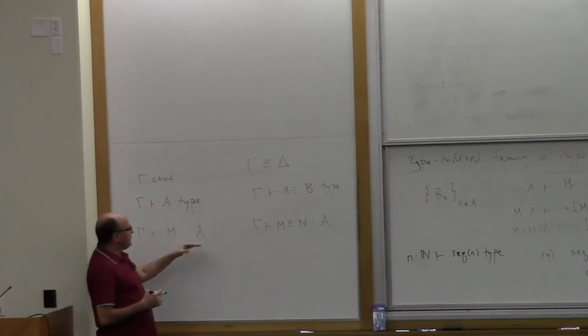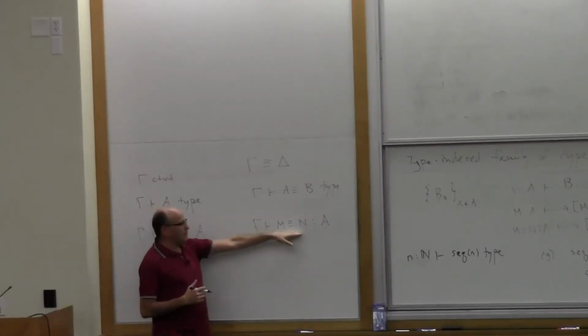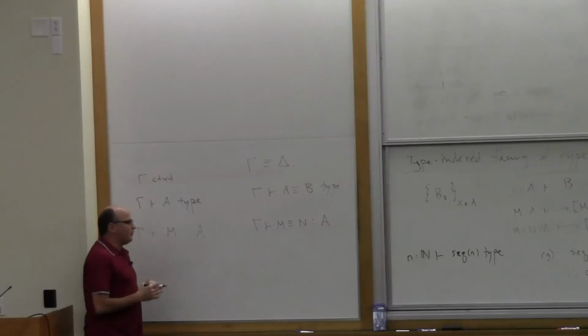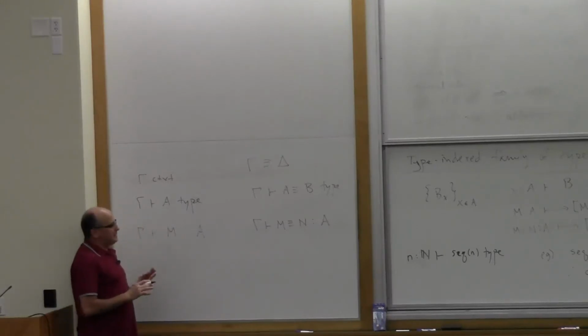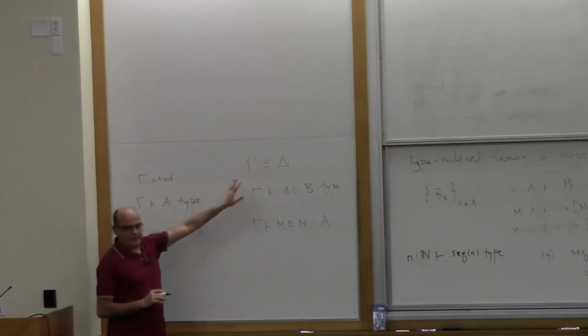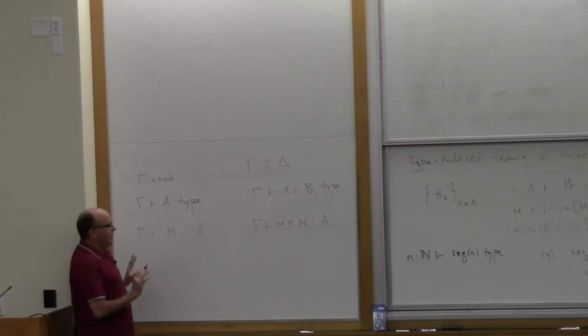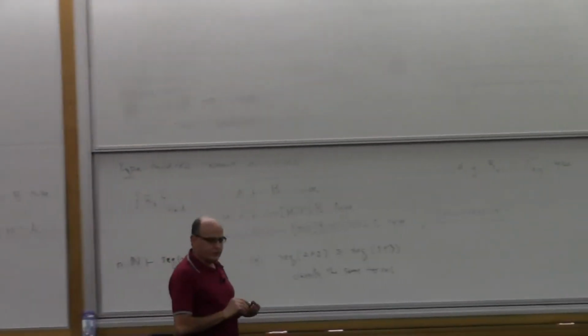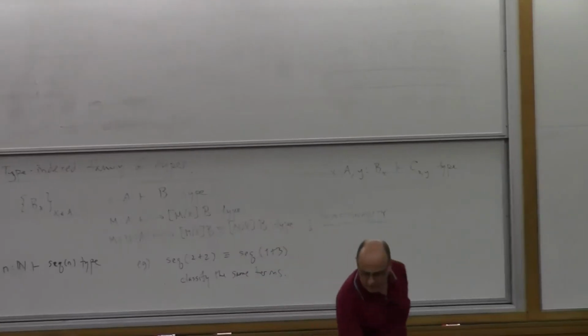For example, you could think of membership as being defined by the reflexive instance of equality, and then you can get away with only defining equality, but that's a little too clever by half. So I'll stick with a more intuitively clear formulation, even though I admit that certain kinds of economies can be introduced, and people do introduce them in the literature, usually for meta-theoretic reasons.